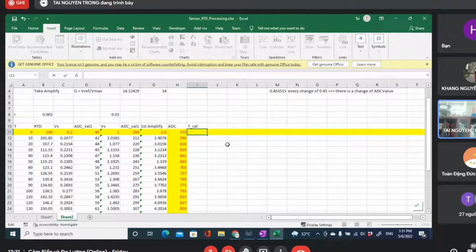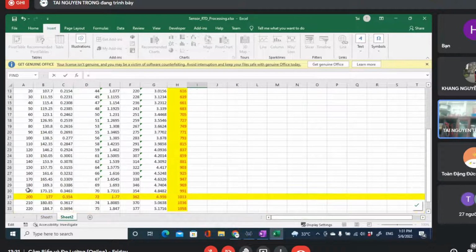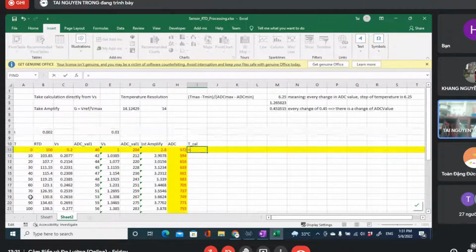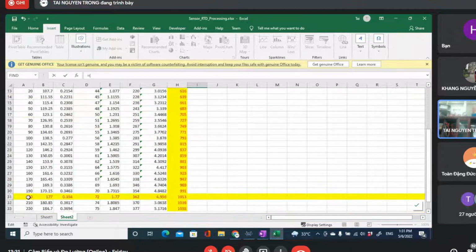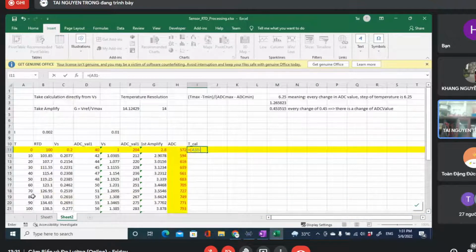At first equal to the maximum temperature minus the minimum temperature, multiplied by the request.